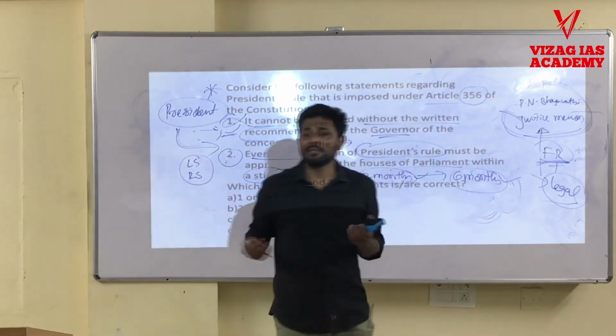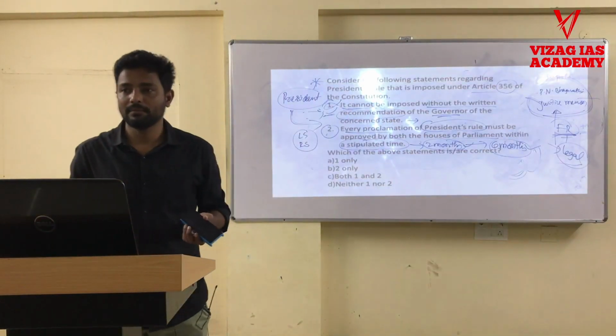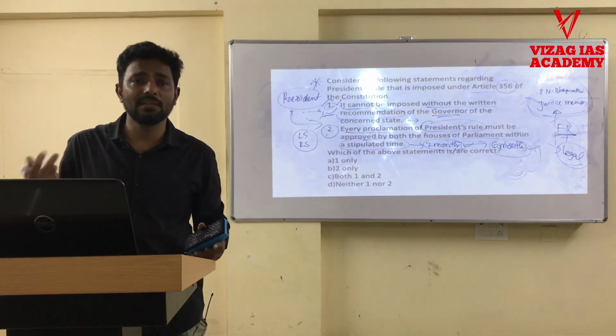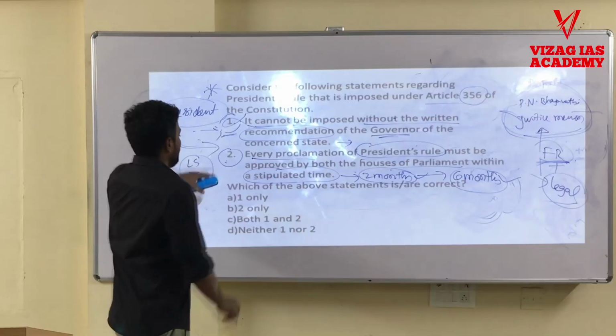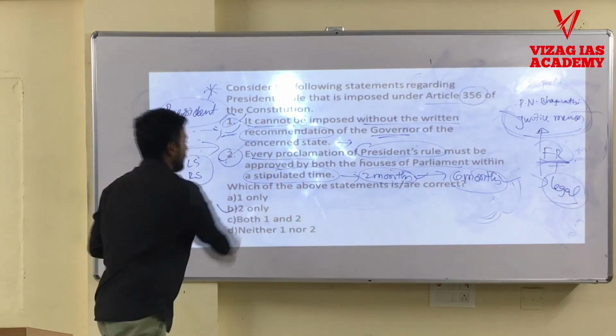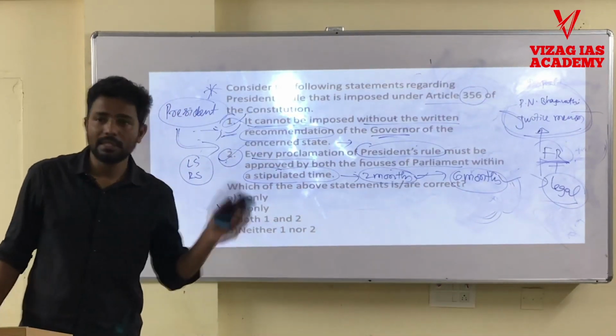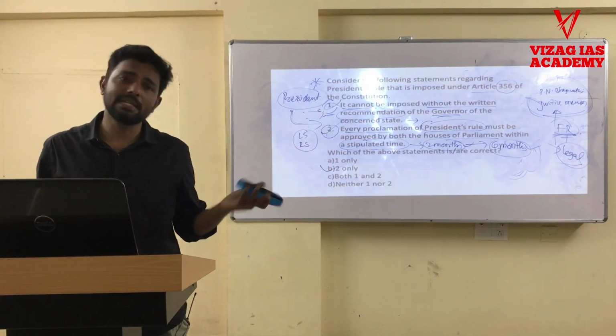After 6 months, if they want to continue the president's rule, it again goes for the approval of the parliament. So every 6 months parliament must give the approval. So this is the correct one. Within 2 months both houses must give the assent, otherwise the president's rule lapses.